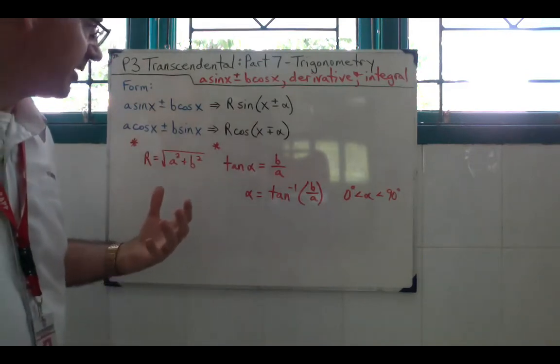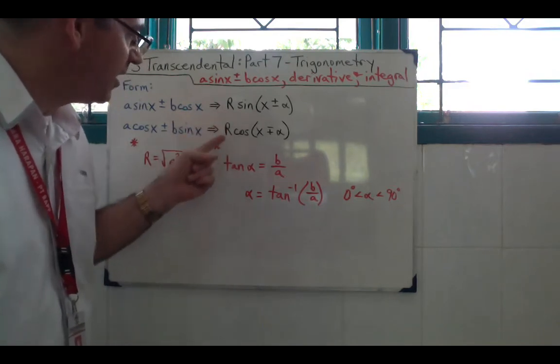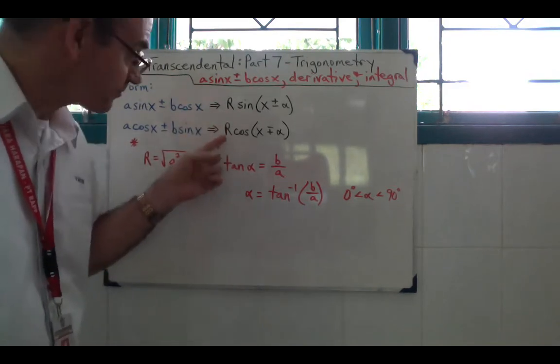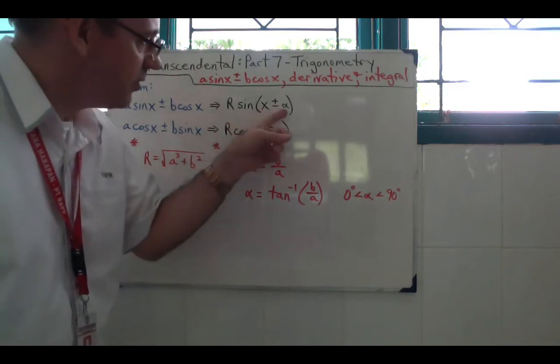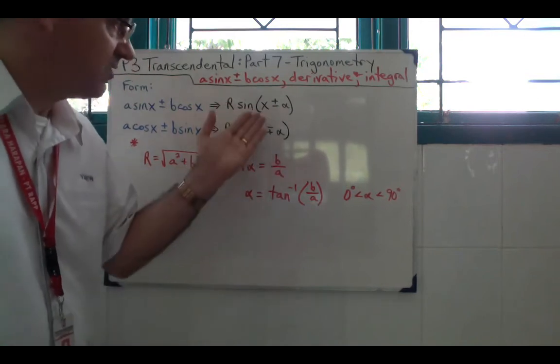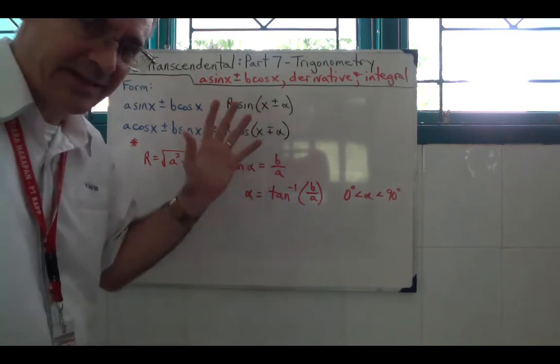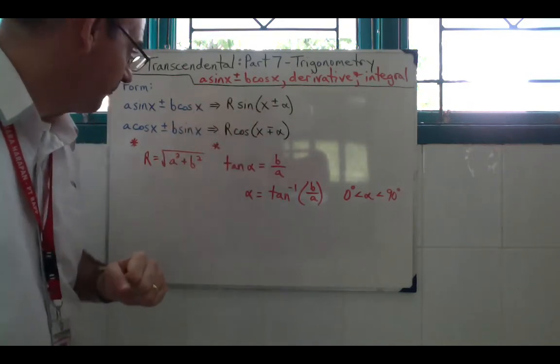Another similarity is that both of them have this r coefficient in the condensed form, and they also have this alpha that makes it a sum or difference identity basically within this condensed form.